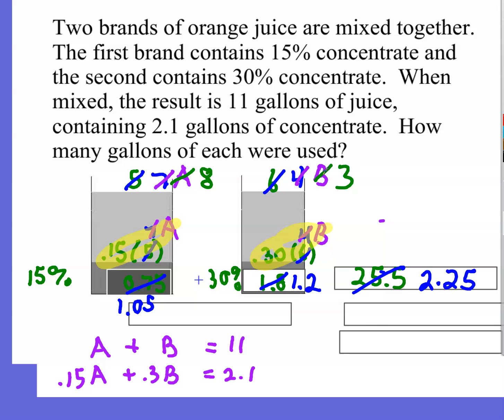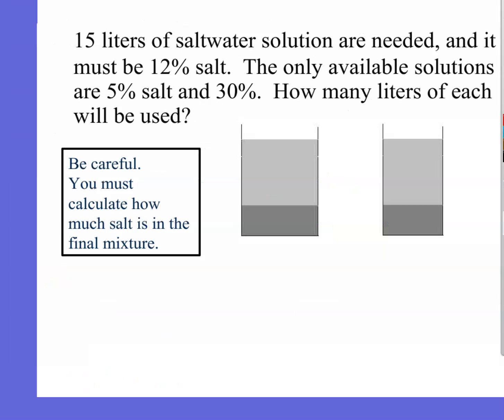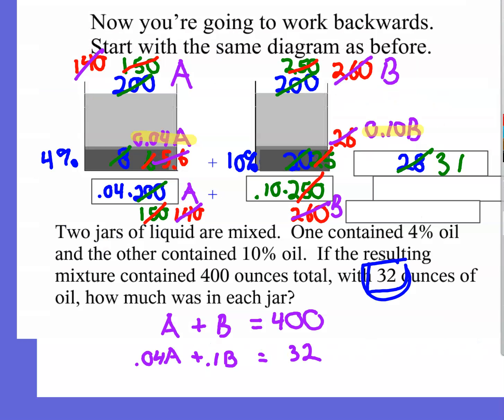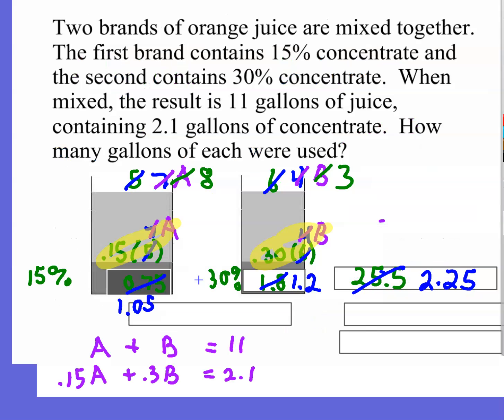Okay. Now, here's where things get just a little bit different. I want you to notice something. The first problem I did, where we had to guess and check, I told you how many ounces of oil was supposed to be in the final mixture. And in this one here, I told you how many gallons of concentrate was supposed to be in the final mixture.